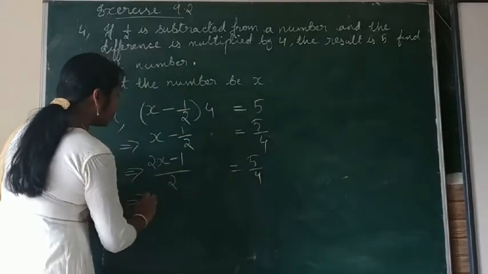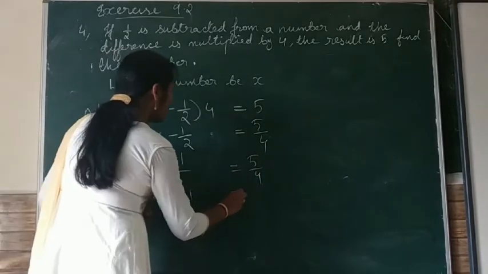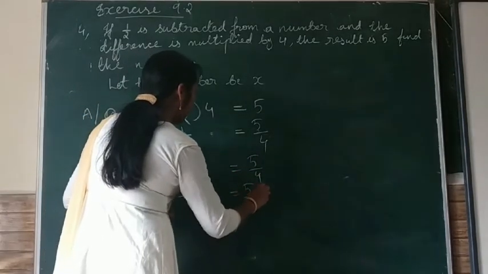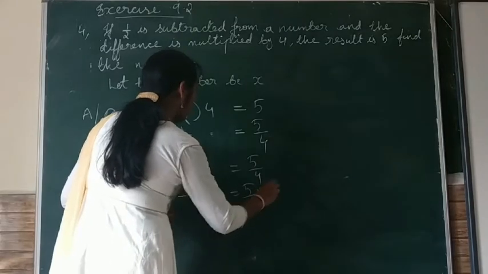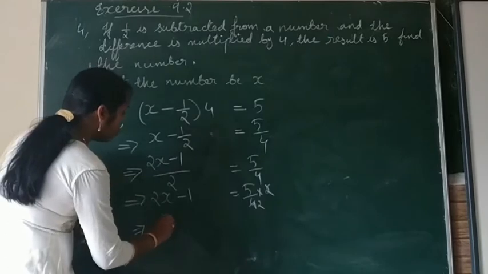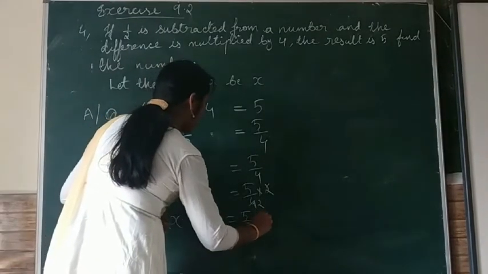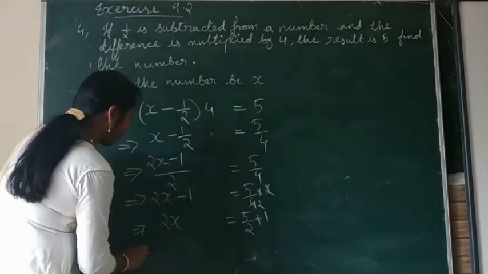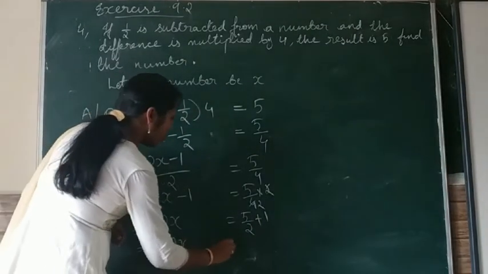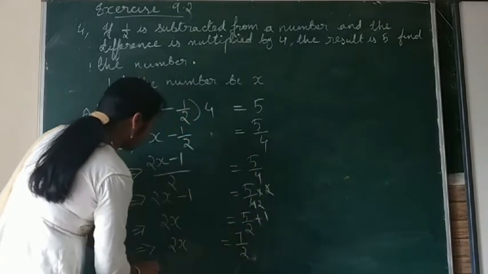Now multiplying both sides by 2, we get 2x minus 1 is equal to 5 by 4 into 2, that is 5 by 2. Implies 2x is equal to 5 by 2 plus 1. Adding 5 by 2 and 1, we get 7 by 2.